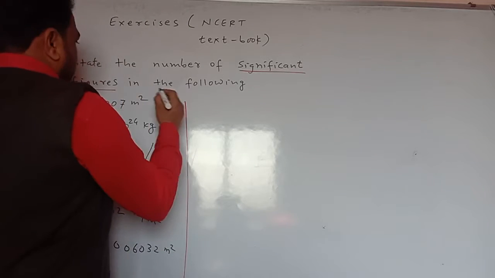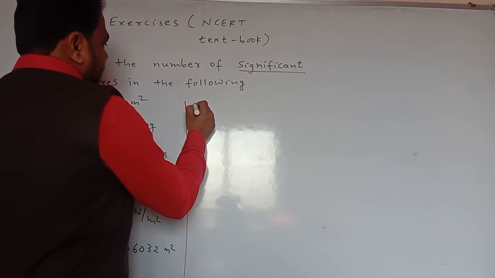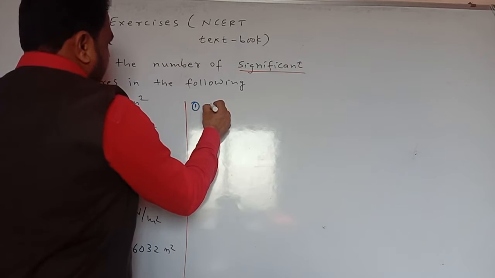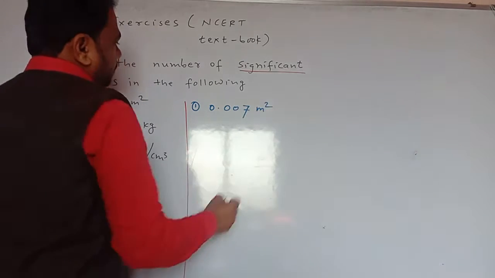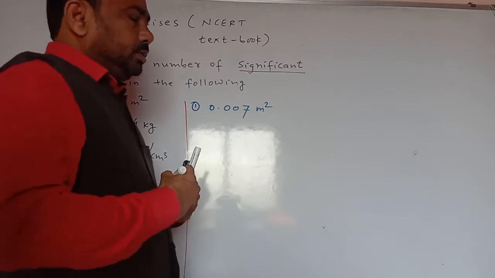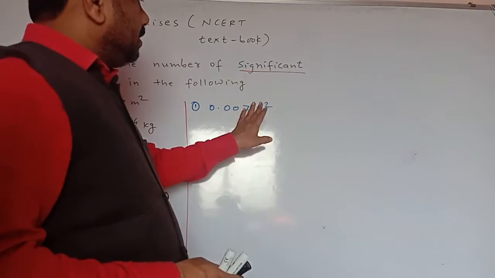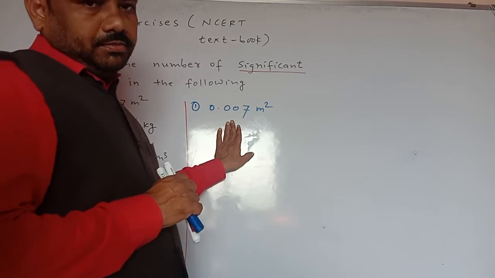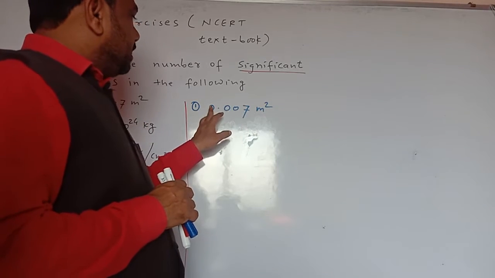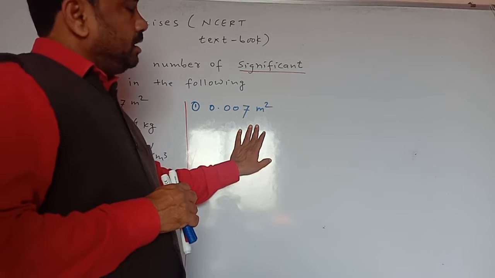Our first problem is 0.007 meter square. Do not concentrate on the SI unit, just concentrate on the given numbers. The given number is 0.007.